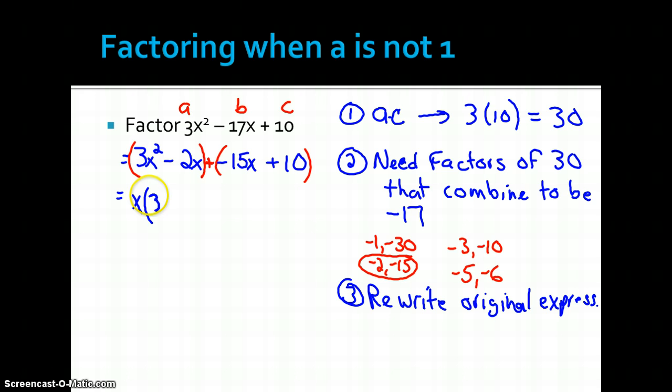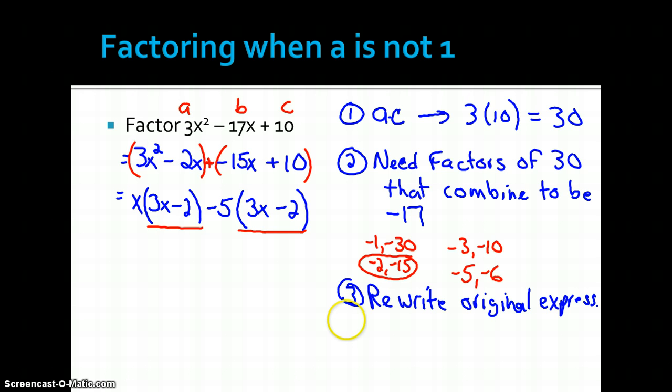That leaves us with 3x minus 2. Over here, we also factor out the greatest common factor. In this case, it'll be minus 5. That'll leave us with 3x minus 2. Hopefully you notice that we have the same thing in parentheses, which is what we need.